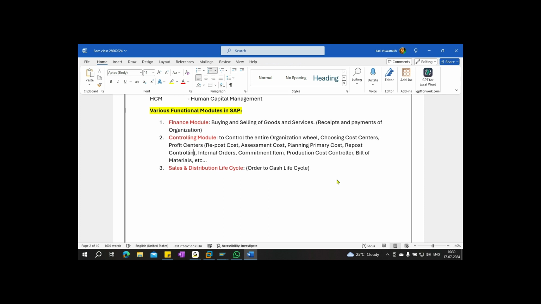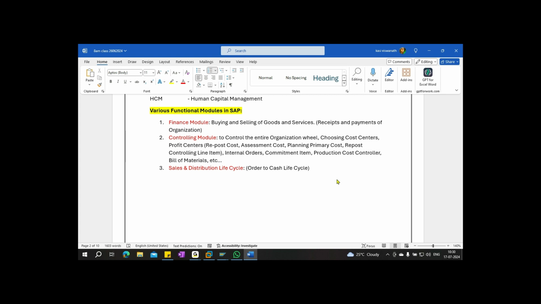We have four different tools: repost cost, assessment cost, planning primary cost, and repost controlling line item. Choosing any one tool, a client-specific tool, is to analyze the data.